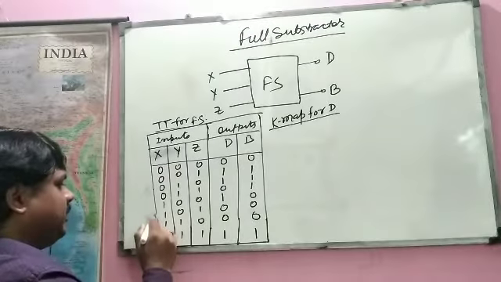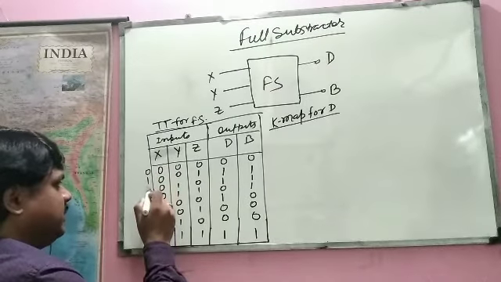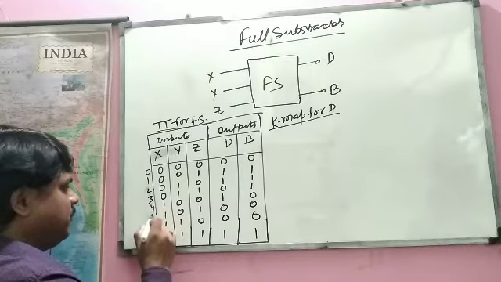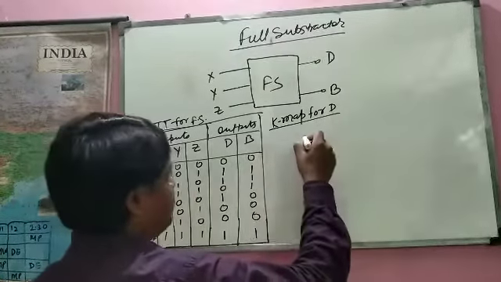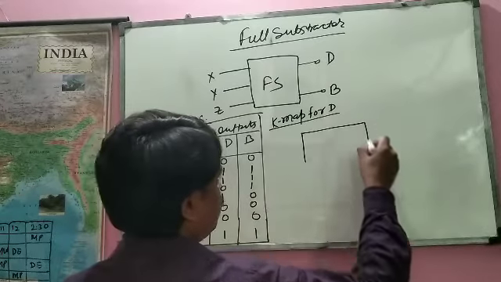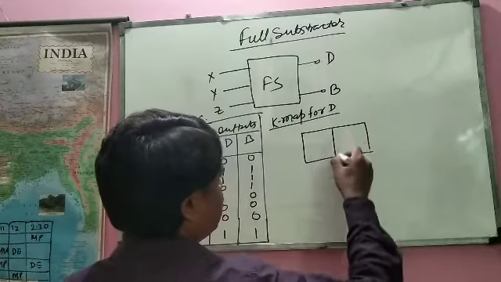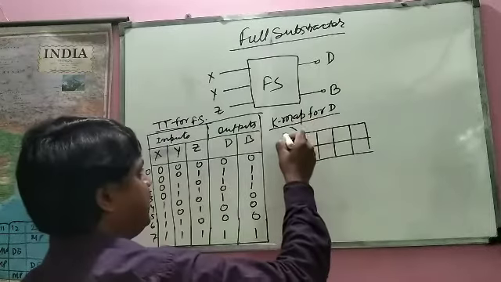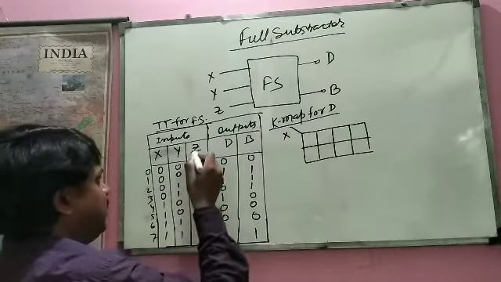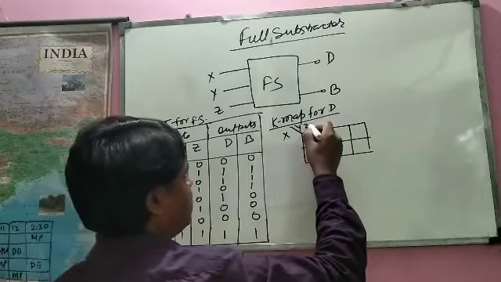So write down here 0, 1, 2, 3, 4, 5, 6 and 7. There are 3 variables, so we will take one variable on this side, this is x, and the other 2 variables y and z on this side.